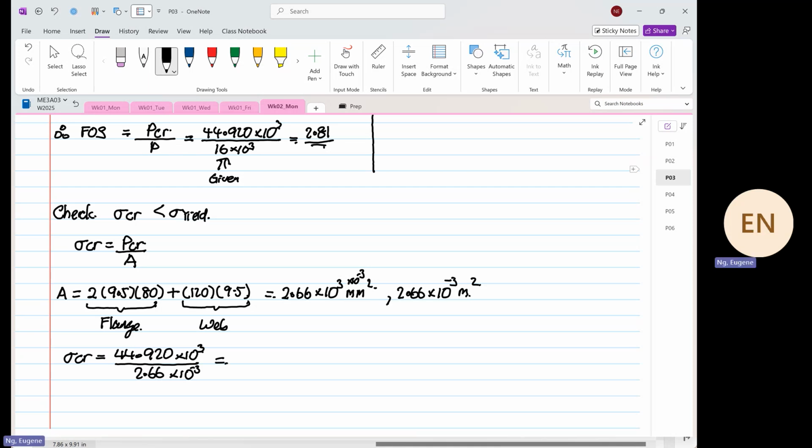So it's equal to 16.887 times 10 to the power 6 Pascal.